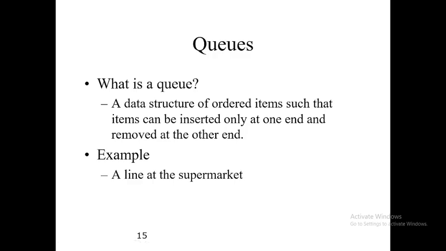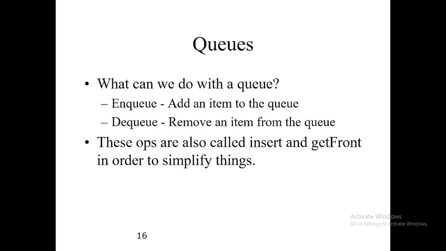Queue data structure is again ordered items, such that the only difference is you can insert at only one end and remove at the other end. The best example is a line at the supermarket, at the airport, at the bank, or at the ATM. If you have these kinds of applications, you can implement them by using queue.